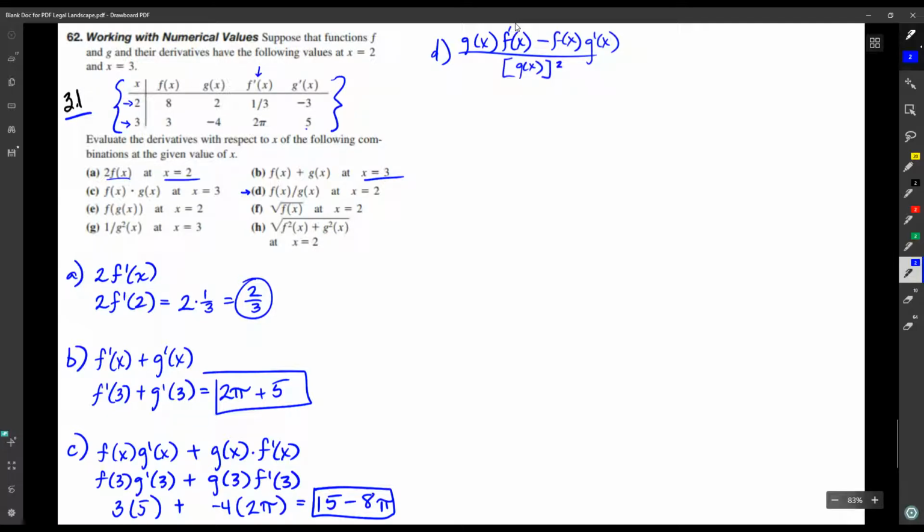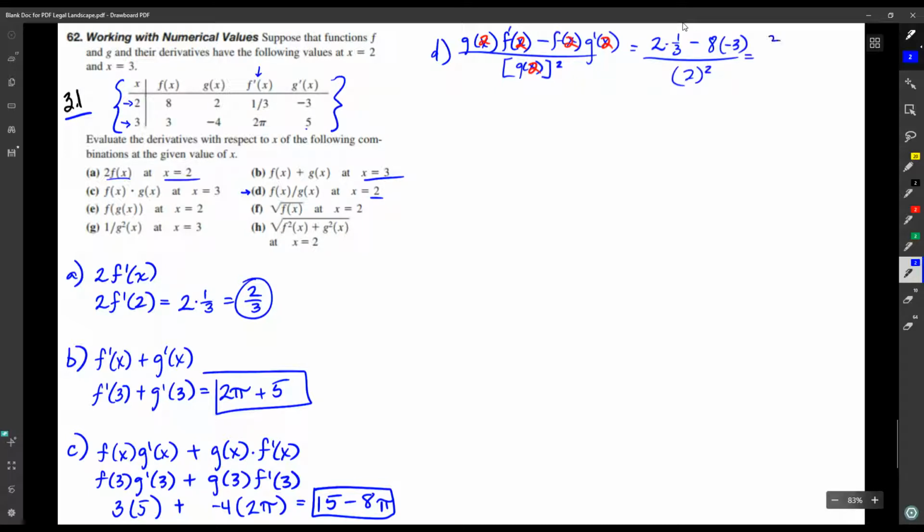Okay, we want to evaluate this at x equals 2. So I'm going to take a little shortcut here and just write on top of my x's with a 2. And let's see what we have from the table. So g of 2 is 2, and f prime of 2 is 1/3, minus f of 2 is 8, while g prime of 2 is -3, and that's all over g of 2, which is 2, quantity squared.